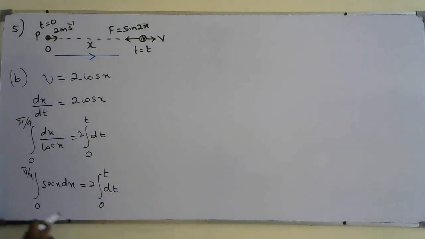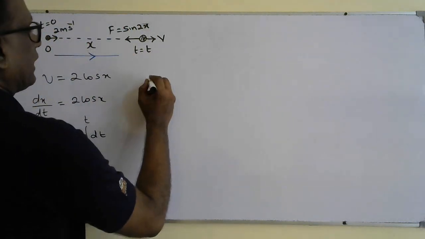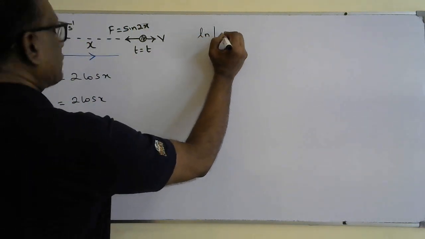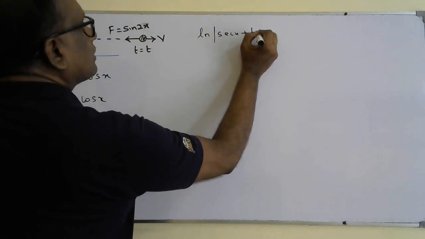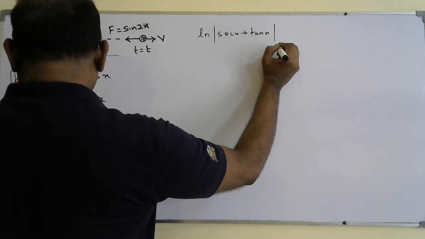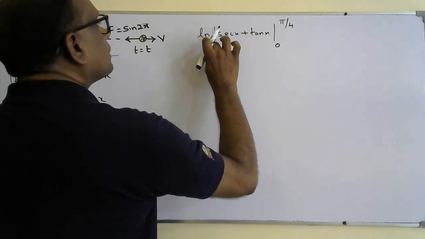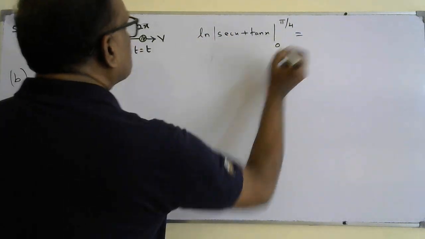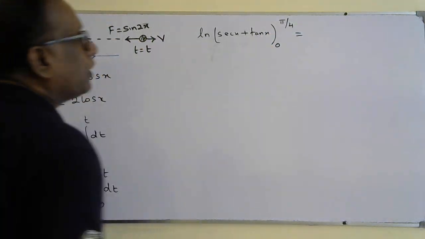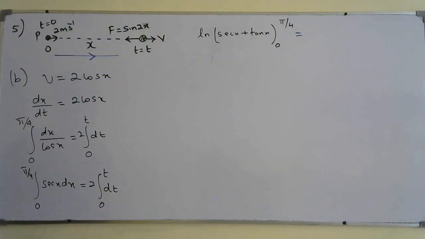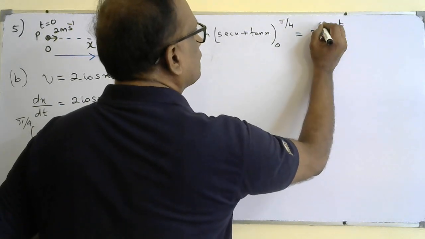I already told the limits, right? So integration of sec x is ln of sec x plus tan x. We can put modulus, but we know it's the first quadrant, so we can put brackets. Limits 0 to pi by 4 is equal to 2t, limits 0 to t.